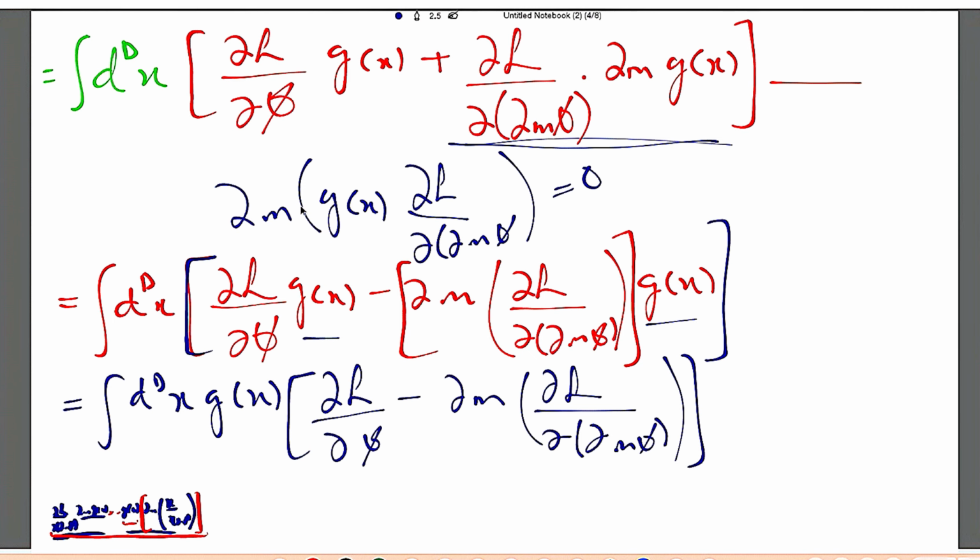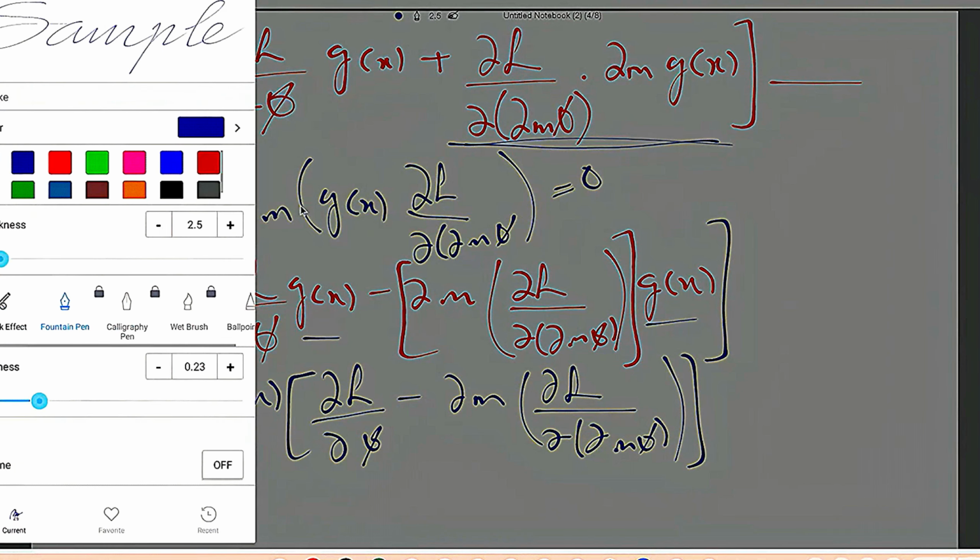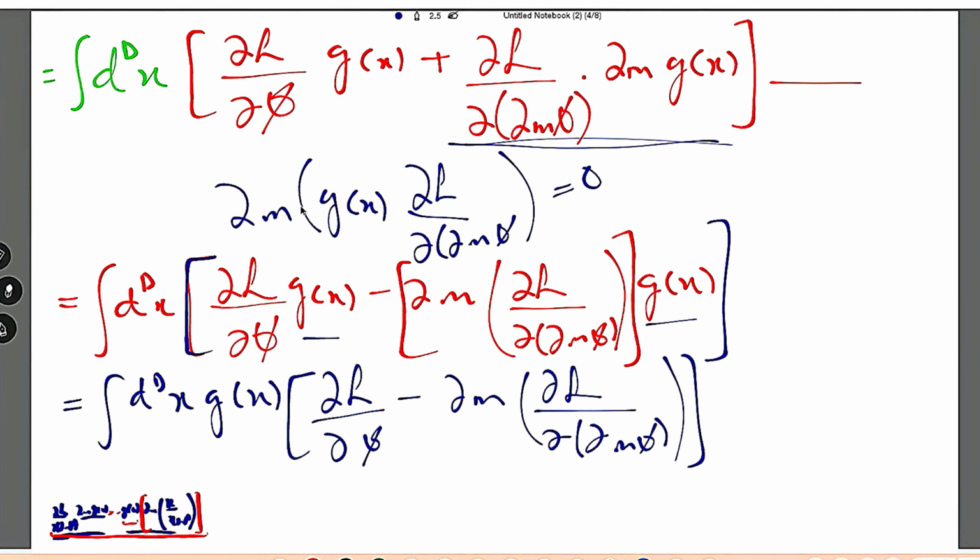Now you can see that we have simplified it so far. We can put that equal to that integral form that we mentioned at the really start of the video.